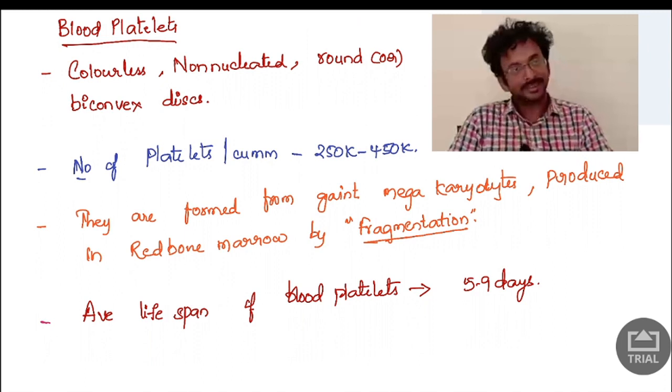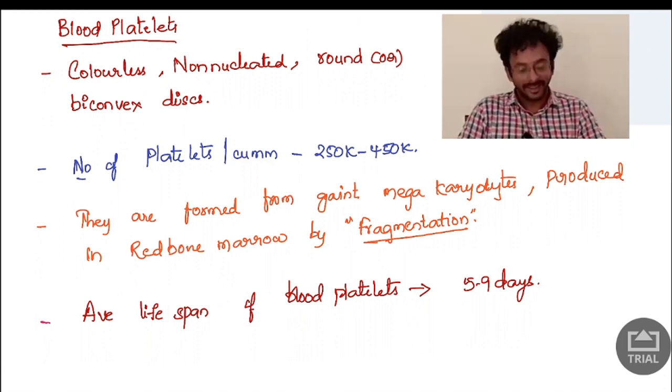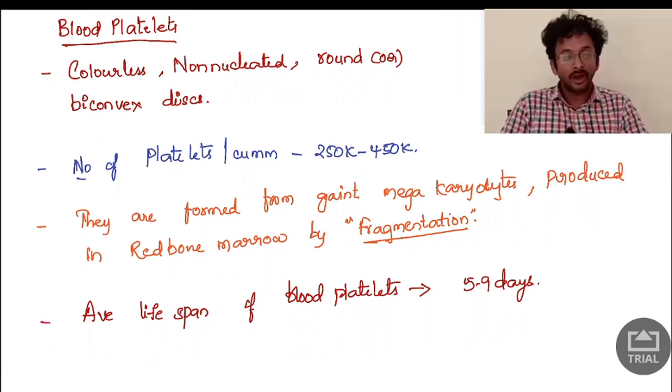These are colorless, non-nucleated, round or biconvex or disc shaped. Generally, how many platelets are present? A very low count, 250,000 to 450,000.